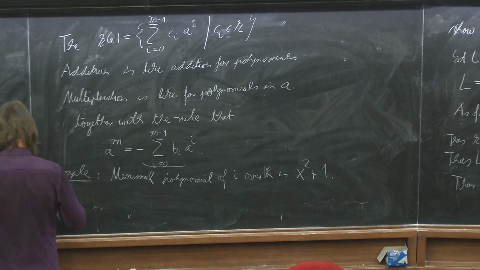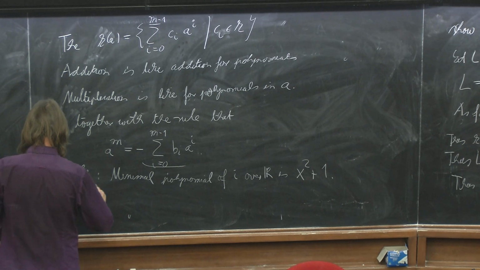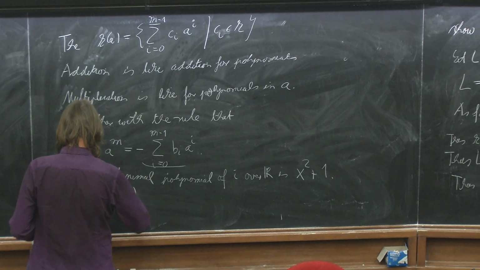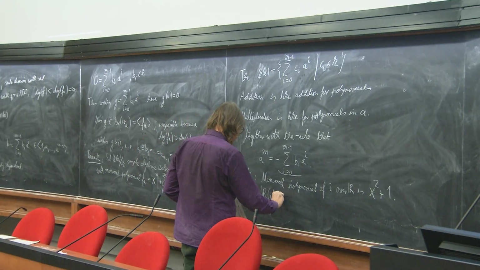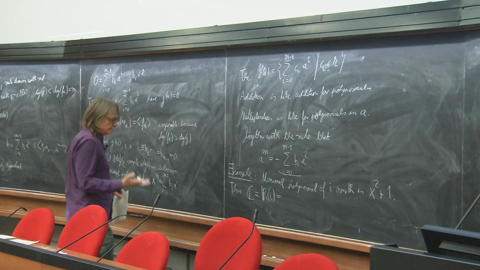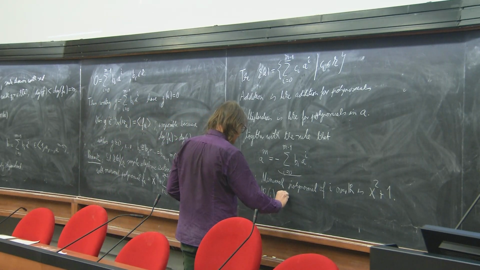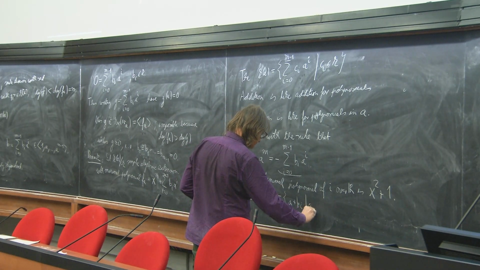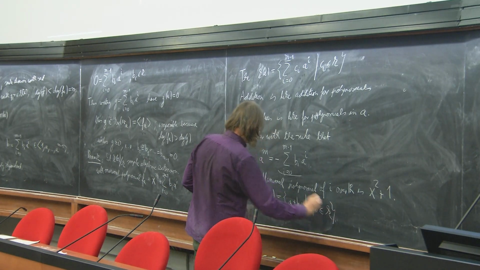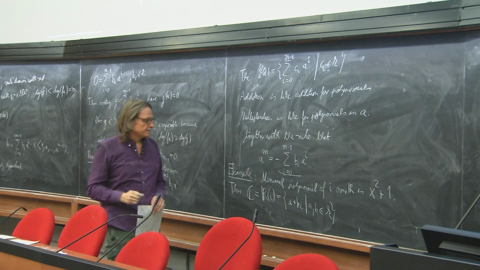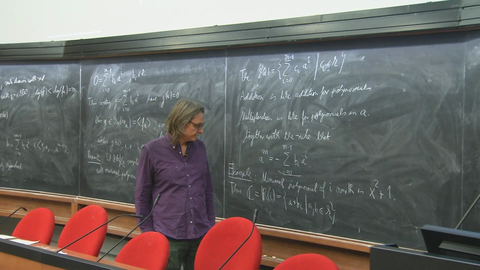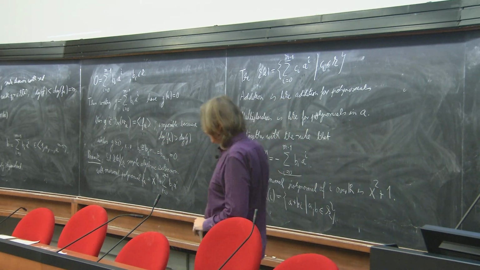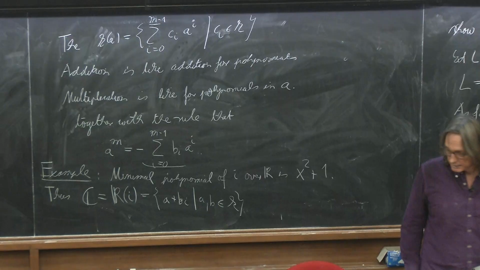Thus C, the complex numbers, can be described as the real numbers to which we add i. This means that as a vector space over R it is just the set of all a plus bi with a and b in R. So this was the description. The addition is just component-wise, and the multiplication is by the rule I just explained.